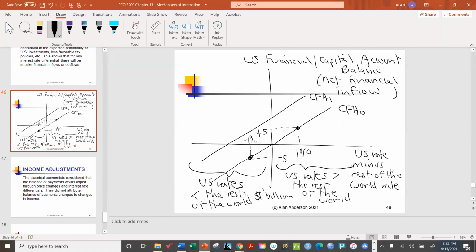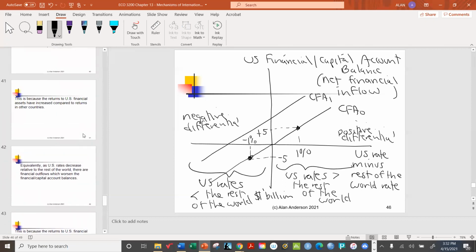And so on this right-hand side, we have a positive differential, meaning that our rates are higher. And over here, we have what we call a negative differential. So basically, the logic behind this graph is that the higher our US rates relative to the rest of the world, the more people will want to buy US financial assets, and vice versa. They might be more inclined to buy US stocks and US bonds, and to keep their money in US bank accounts, or buy US real estate for that matter.